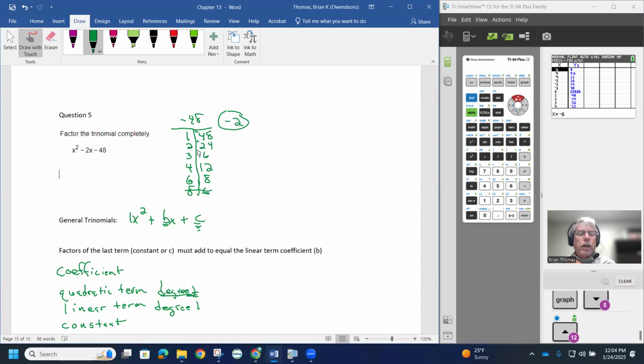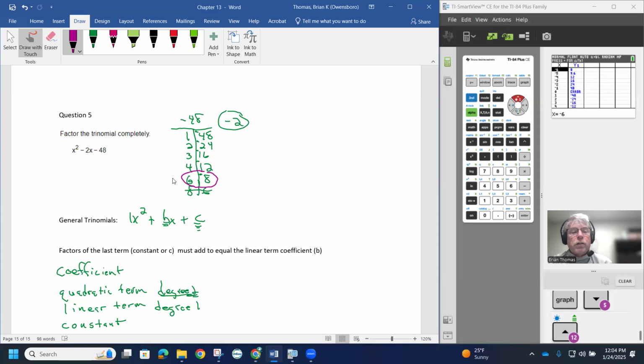The bigger number's got to be negative. So this tells me that I'm looking at this side. And to get a -2, what's jumping out at me is this 6 and this -8. Because 6 times -8 does give me -48. 6 plus -8 does give me -2, because if you combine 6 and -8, that's going to remove 6 negatives and leave me with 2 negatives, if we think of it in those terms.